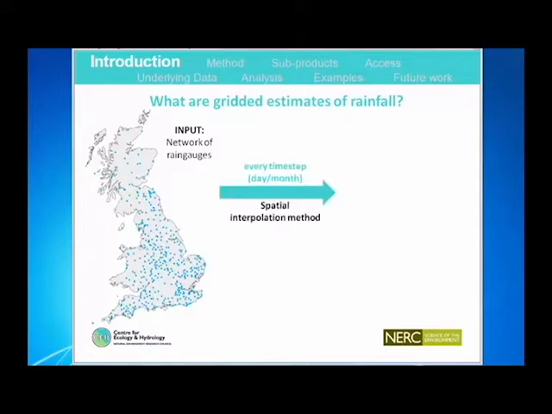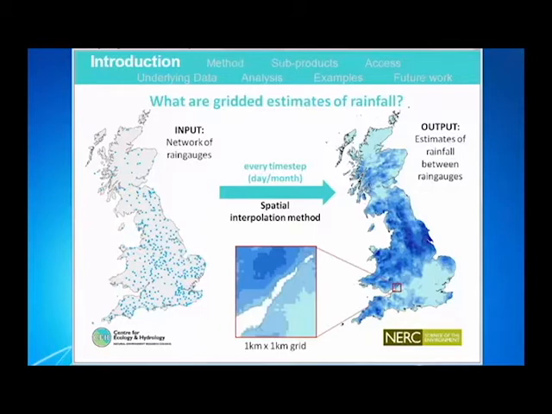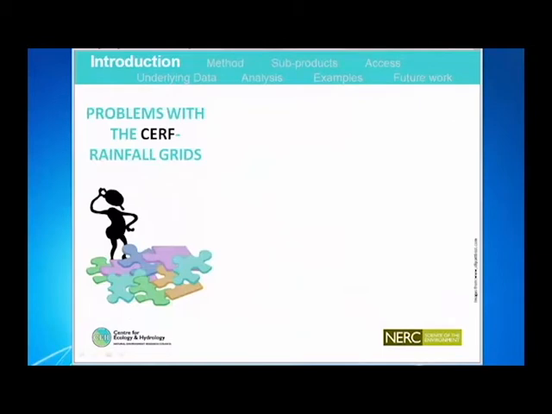Then for every time step, either day or month, we apply some sort of spatial interpolation method to then get us as an output spatial data, the data being interpolated between rain gauges. And if we zoom into an area, then you can see the spatial resolution. And for this talk, whenever I'm talking about gridded dataset, I'm talking about 1 kilometer resolution. So now that I've made that clear, I can continue.